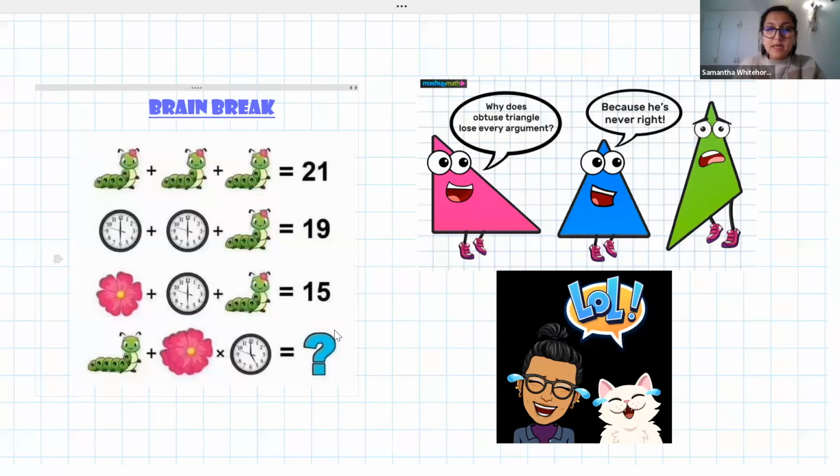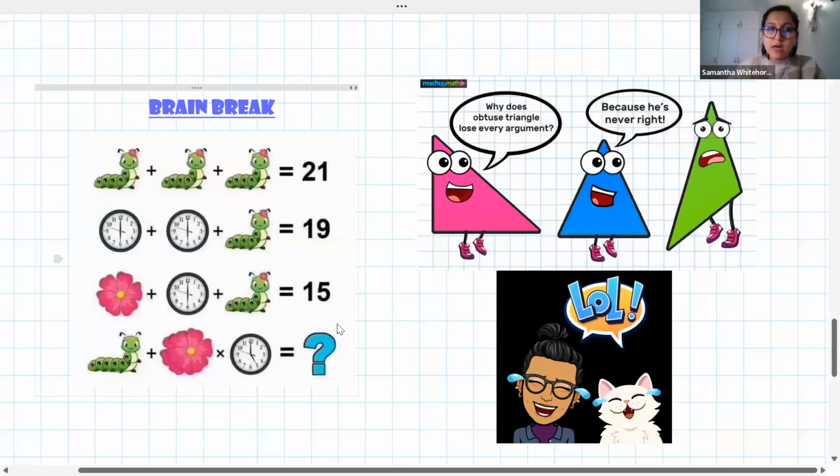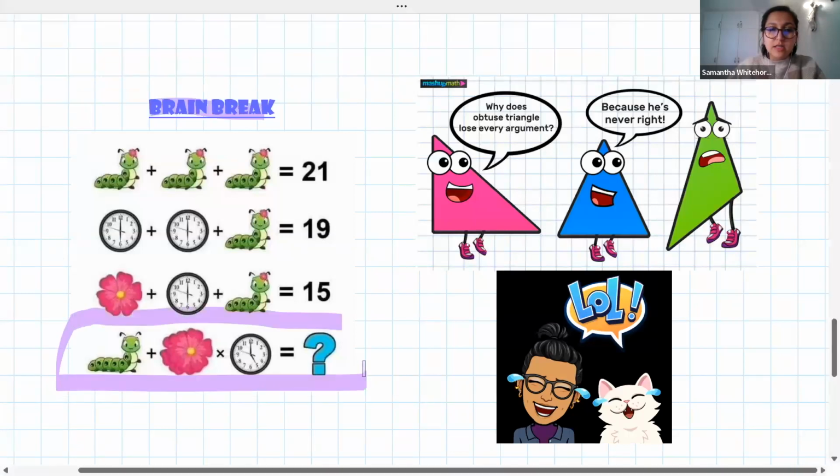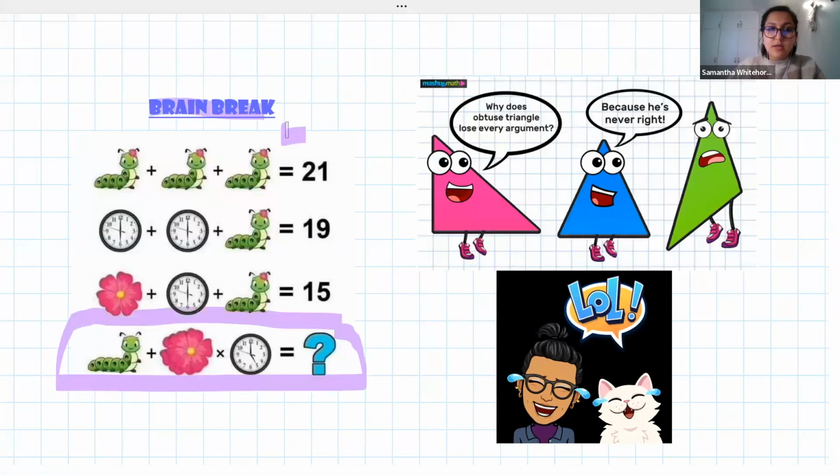Okay, I've just explained how it works. You're looking at the brain break. So this, where it says brain break, and you are trying to find for me the value of this last thing. So you need to work out what a caterpillar is worth, what a clock is worth, what the flower is worth to make all of these equations true and work out the value of the last one.